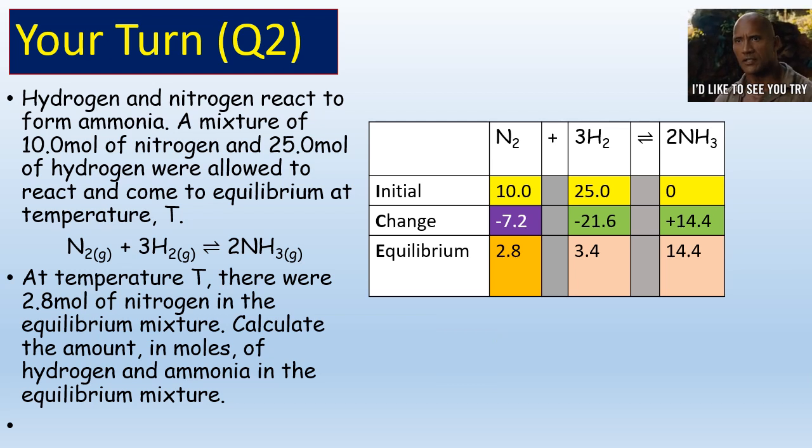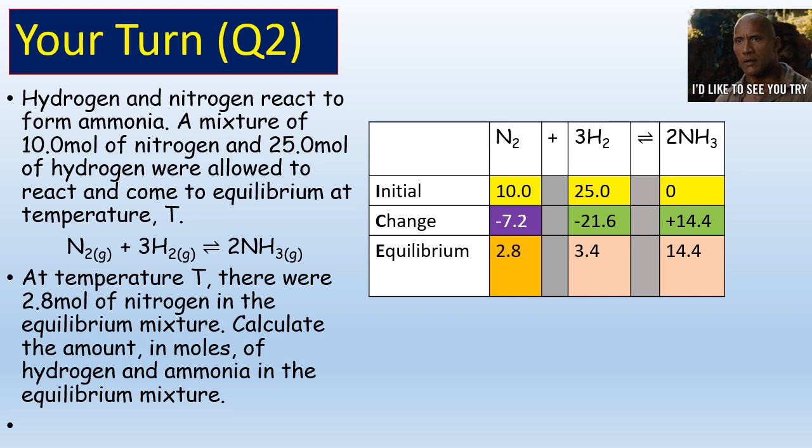So, step 1, you should have put in those initial values. Those were 10 and 25, and we didn't have any ammonia at the start of this reaction. You were told that at equilibrium there was 2.8 moles of nitrogen, so we could see that the change in nitrogen was minus 7.2.